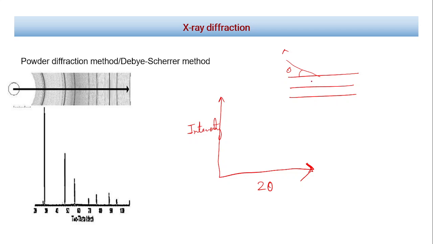The particle is so small, and we are talking about crystal planes, which are on the angstrom order. So it's experimentally very difficult to find out what angle the X-ray is making with the crystal plane, and that too with different crystal planes.